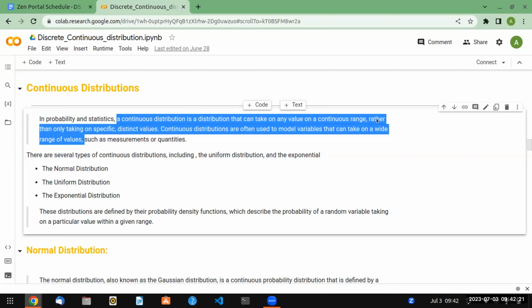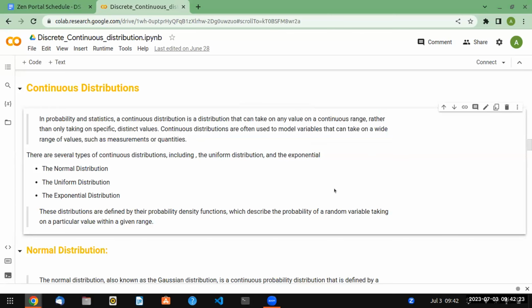Now, why are we learning all these things? As I told you before, this is like a brain exercise for us. We need to know certain things and try to understand. If we try to understand that, then the DS field will be easier for us. Now, there are certain known continuous distributions, three types that we are going to see here, and we are going to study these known distributions.